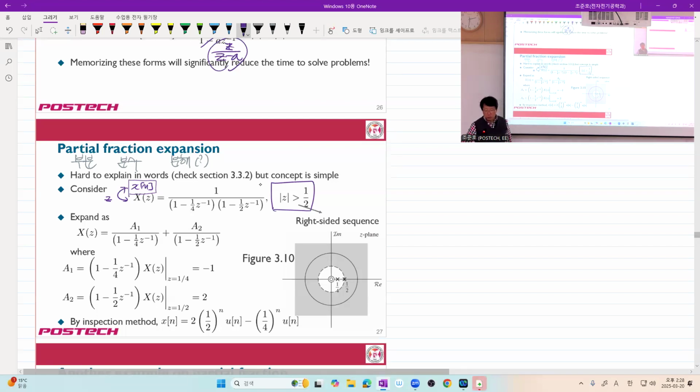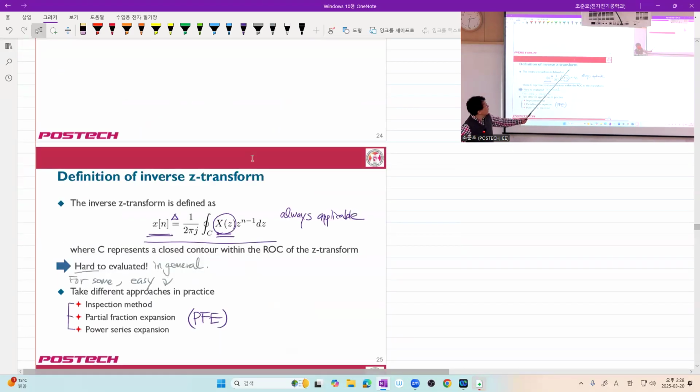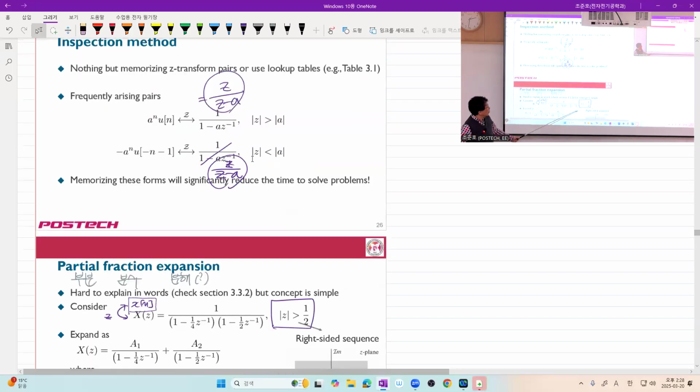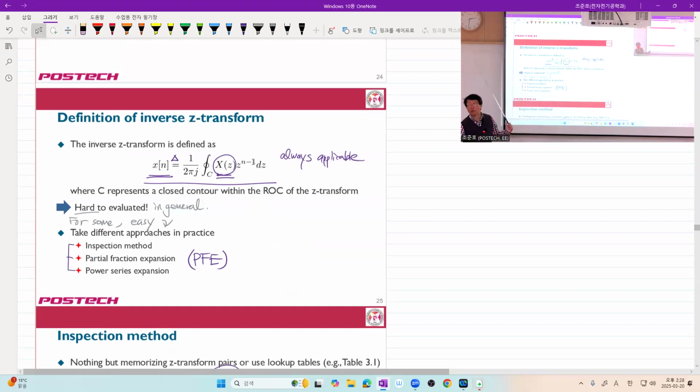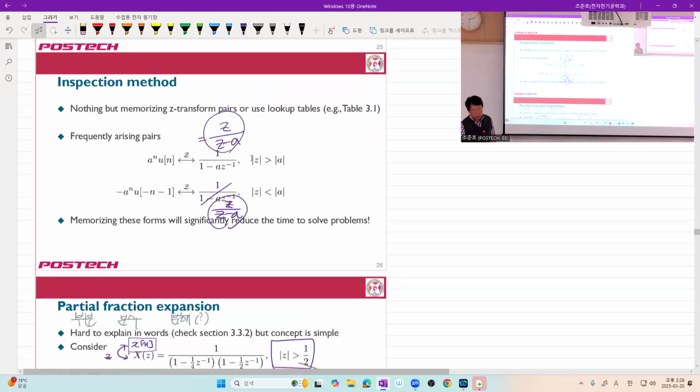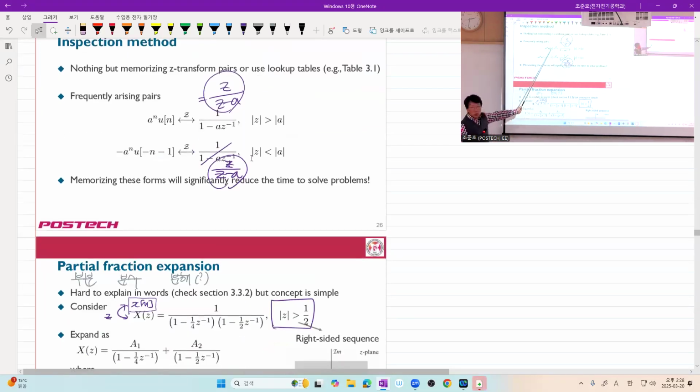And now, you don't want to plug in this algebraic form here, and you don't want to somehow incorporate this region of convergence in your contour integral. You don't want to do that. What you want to do is to just use the famous right-sided, left-sided exponential signals' Z transforms.